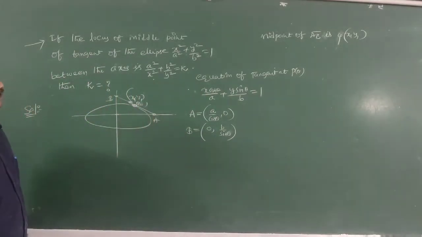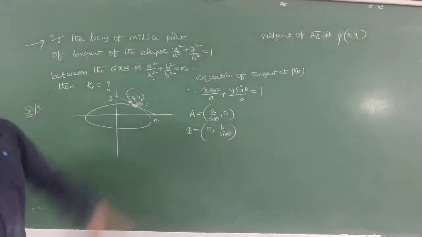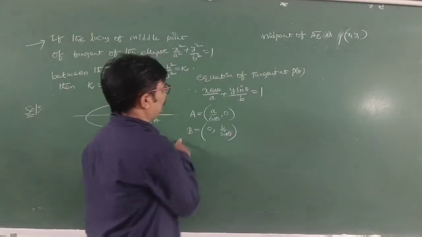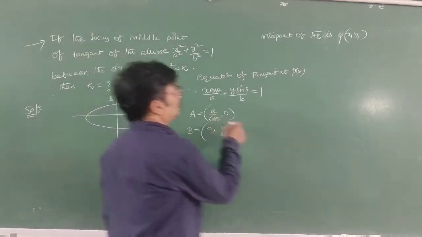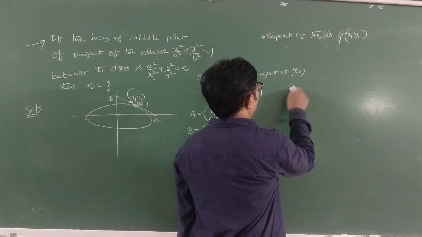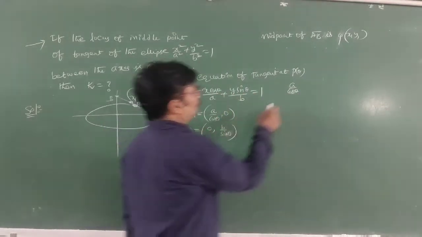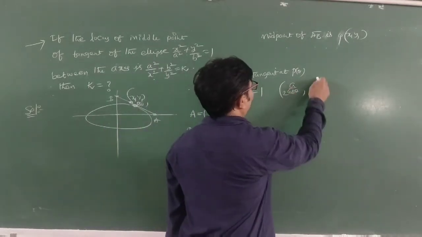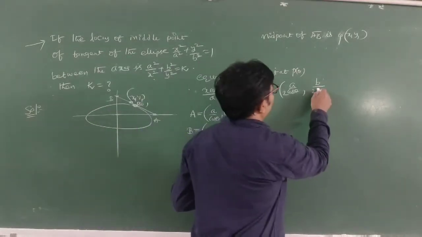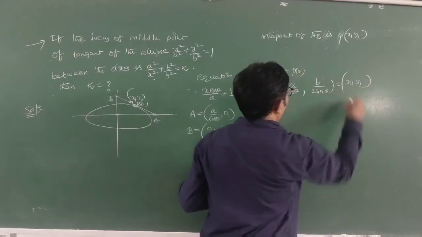Now the locus of the middle point of the tangent. So the midpoint of AB is Q (x1, y1), that is ((x1 plus x2) by 2), that is (a by cos theta plus 0) by 2 comma (0 plus b by sin theta) by 2, equal to (x1, y1).